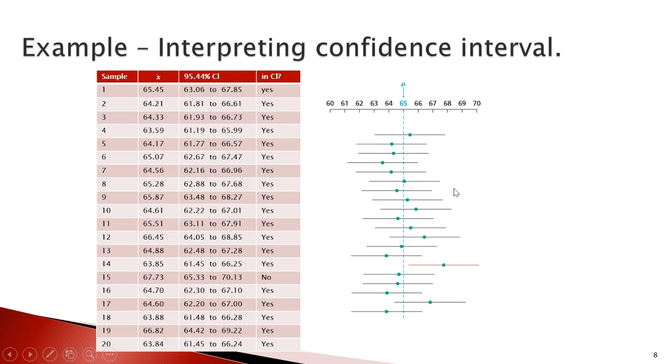Altogether 19 divided by 20 gives 95%. That will be the end of this section and I will see you in the next section. Thank you.